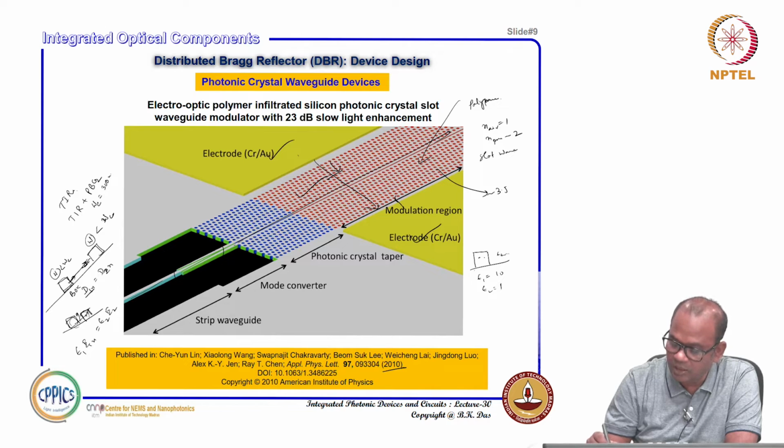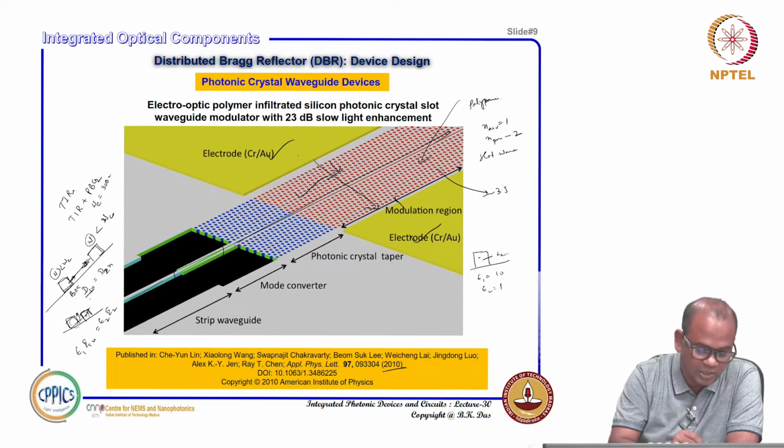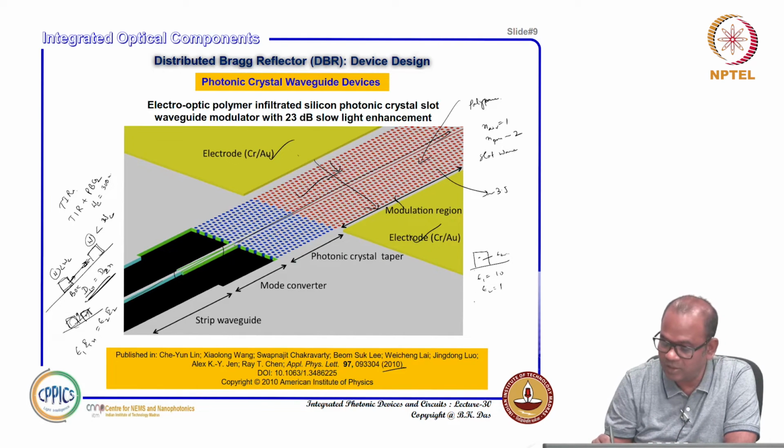Now if you are seeing an electric field at the boundary and you satisfy this condition, then 10 times E1n equals 1 times E2n. So E2n is 10 times E1n.